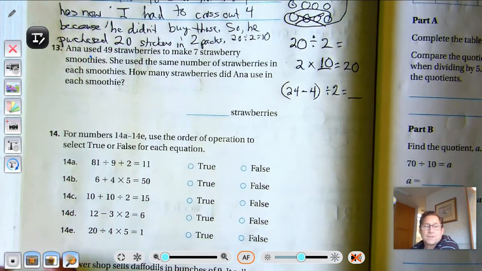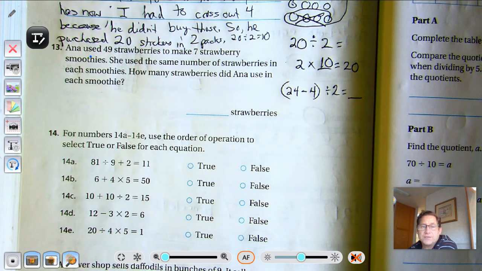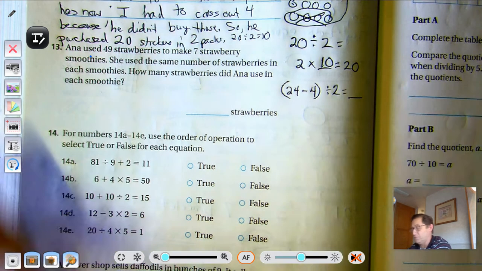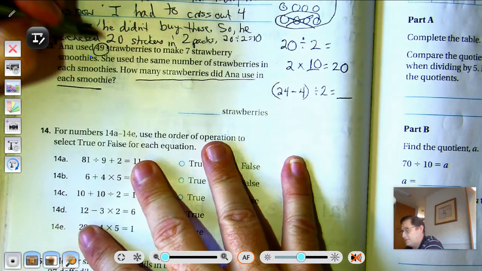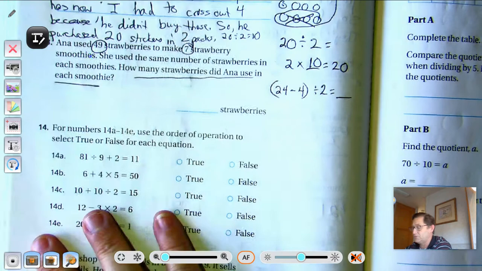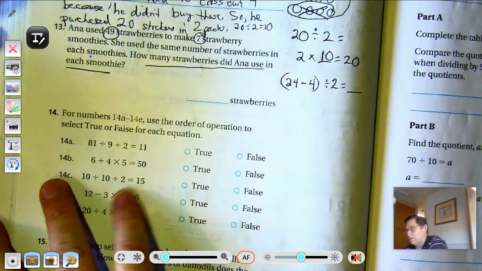Anna used 49 strawberries to make 7 strawberry smoothies. She used the same number of strawberries in each smoothie. How many strawberries did Anna use in each smoothie? 49 strawberries, 7 strawberry smoothies.